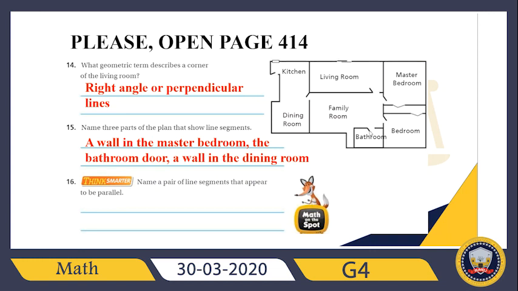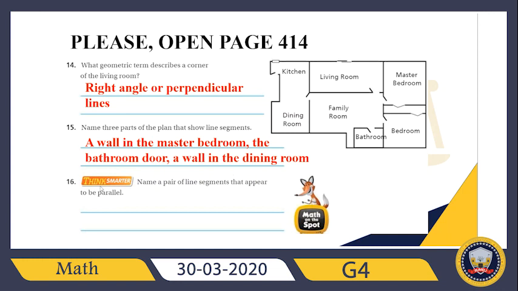This is also another line segment. These walls are also an example for a line segment. Another one, a wall in the dining room. All of them represent a line segment. So you can give more examples for a line segment.